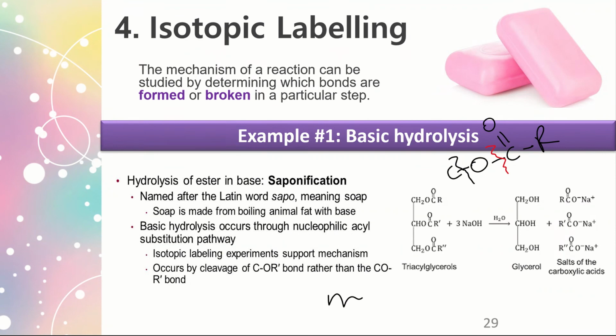So is it the black or the red? And so isotopic labeling will help us to figure out which bond is the one that breaks, and therefore that will give us insight into the mechanism.